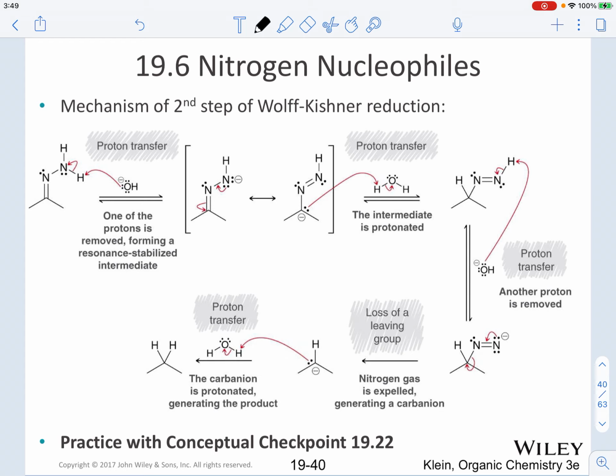Because the first part of the mechanism, meaning the ketone interacting with the hydrazine, looks like the imine, we don't have the steps for it.